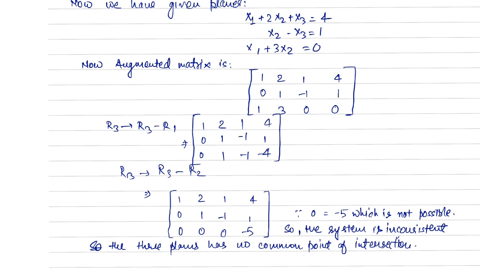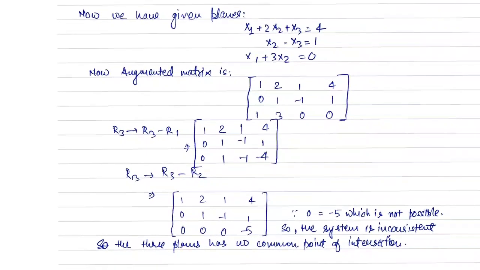Now we have the equations of the planes given in the question: x1 plus 2 x2 plus x3 is equal to 4, x2 minus x3 is equal to 1, and x1 plus 3 x2 is equal to 0. Now we write it in the form of an augmented matrix. In the first equation, the coefficient of x1 is 1, the coefficient of x2 is 2, the coefficient of x3 is 1, and the constant is 4.